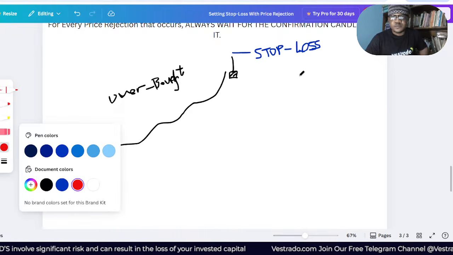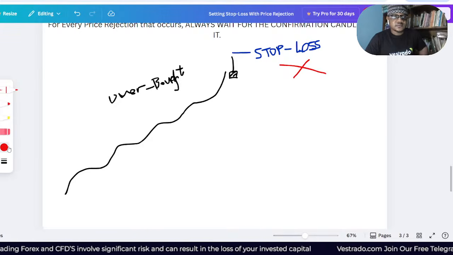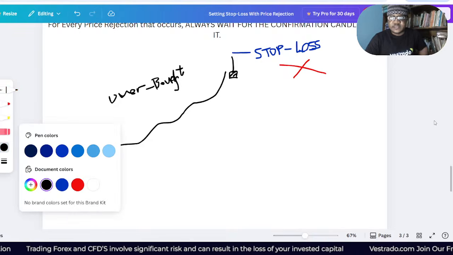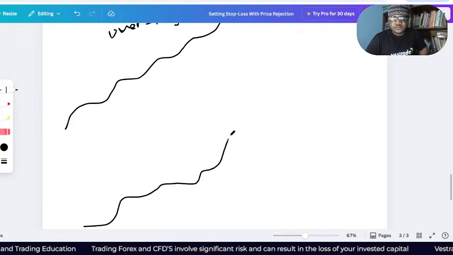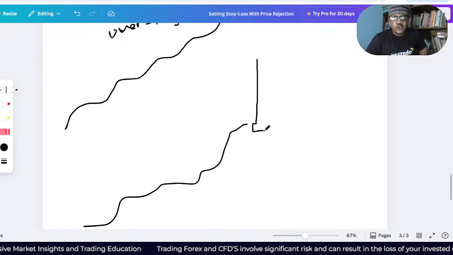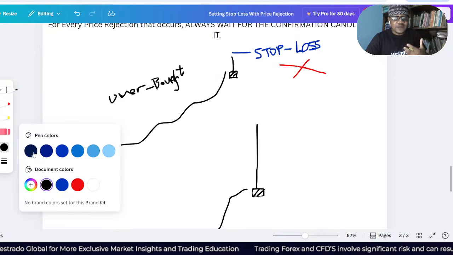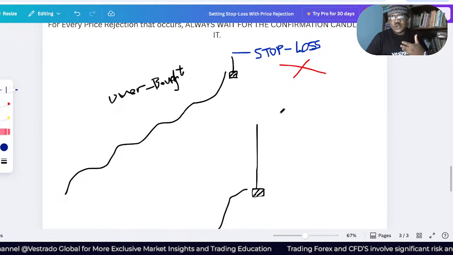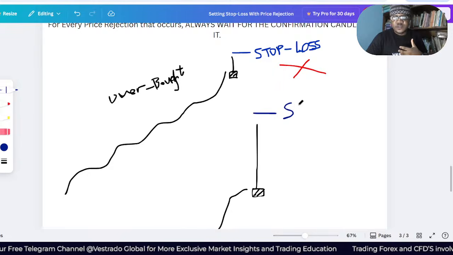This will be wrong because there's no price rejection here. Instead, this is what I want to see. Wham! A long candle. Okay. Then if I see price rejection like this, I feel safer. I feel more at ease when I set my stop loss just a few pips above the price rejection.